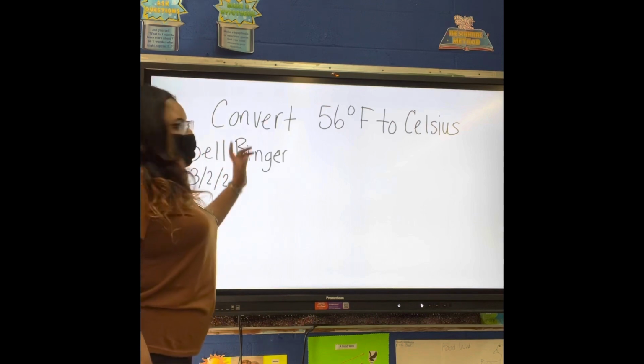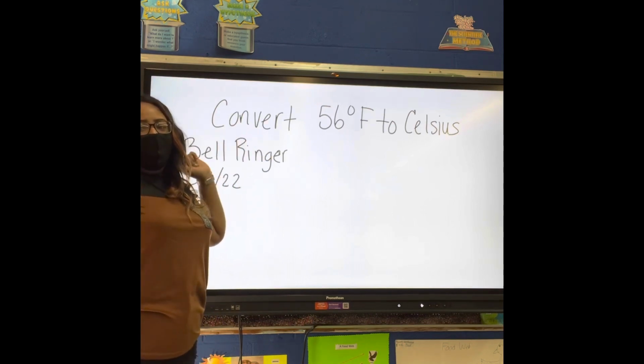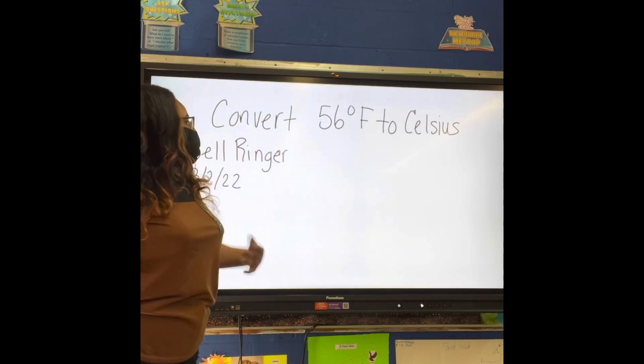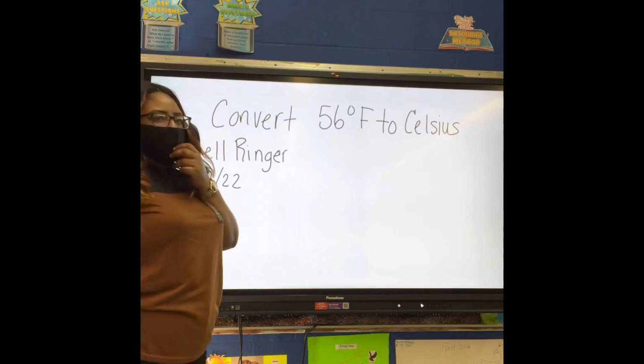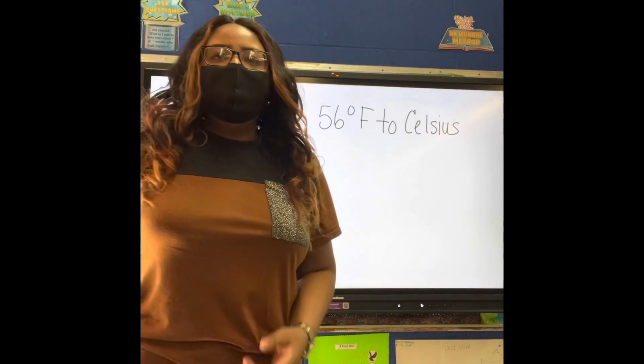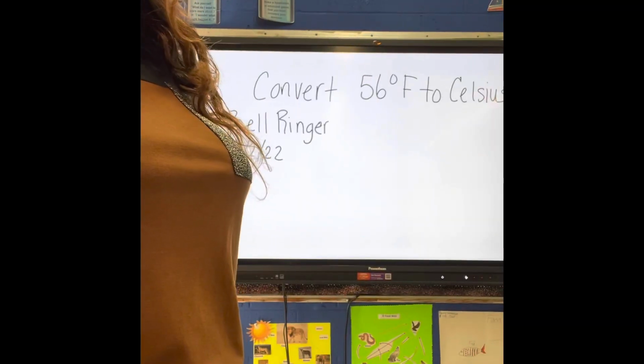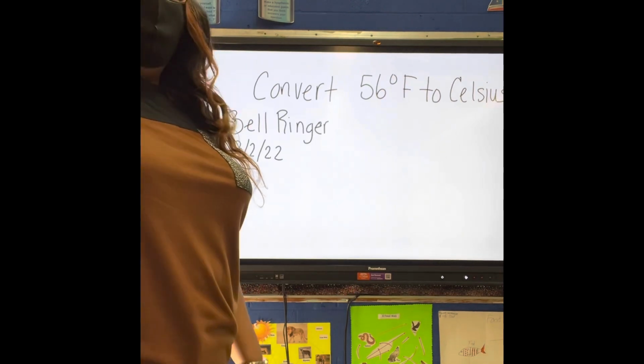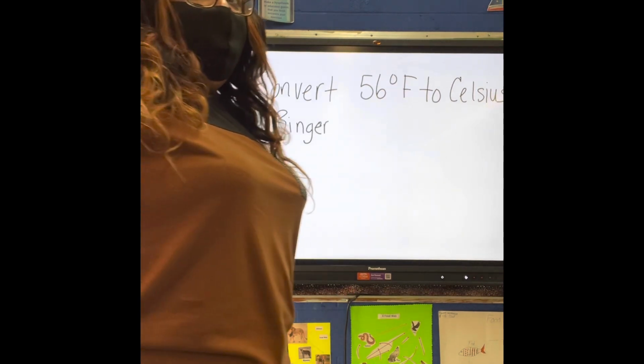All right. This is your bell ringer for today. What we are doing is converting 56 degrees Fahrenheit to Celsius. Everyone has come in, taking your seat. You have out your paper and pencil. Let's begin to work. You have 5 minutes. As you know, for the bell ringer, we only have 5 minutes.